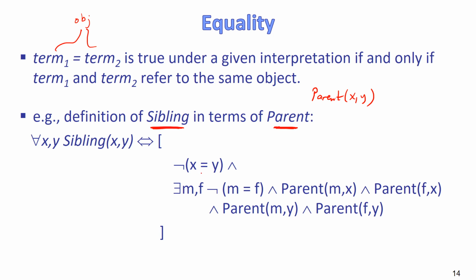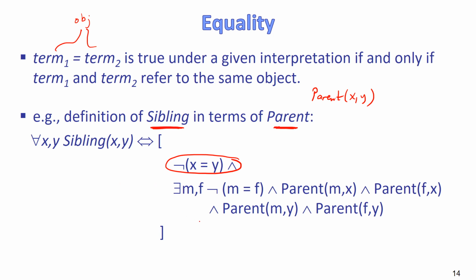So I will define it that way. First, forget about this part, imagine that it's not there, and let's see how we define sibling. Two persons are siblings of each other if they have the same parents. That's logical. So how can we say it in first order logic?